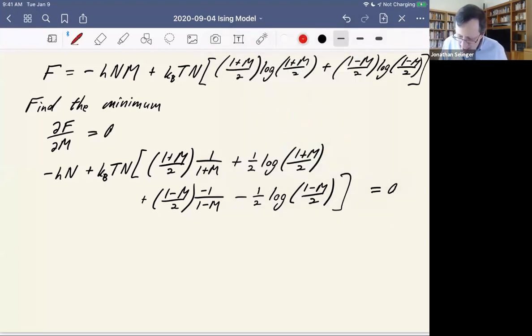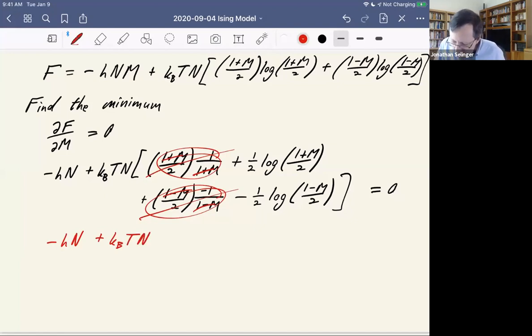So let's see, in this, we can cancel the 1 plus m's and we get 1/2. And here we cancel the 1 minus m's and we get negative 1/2. So this whole thing cancels this whole thing. Okay? And so what's left is minus hn plus ktn times what?